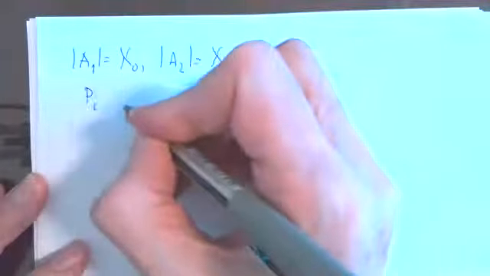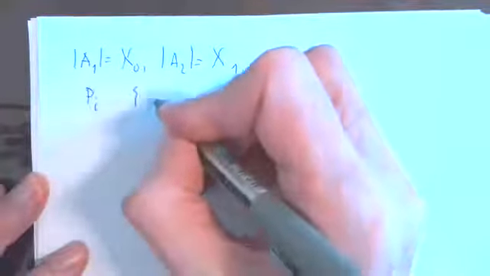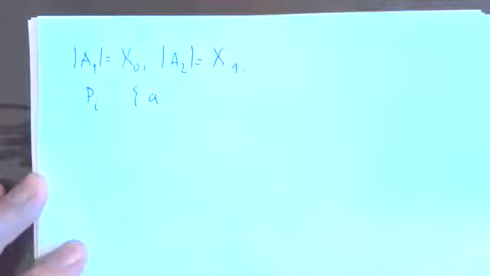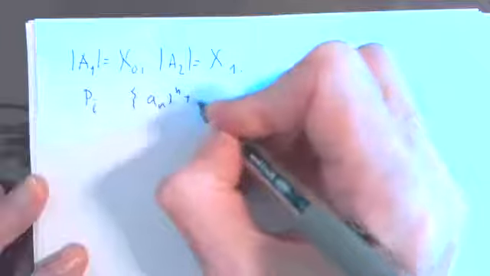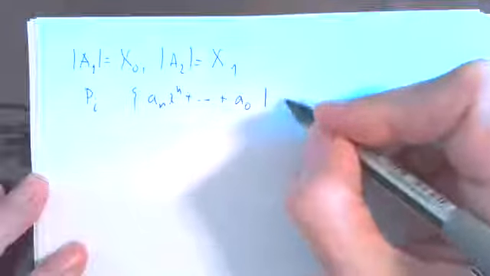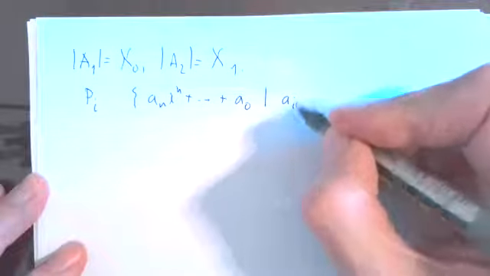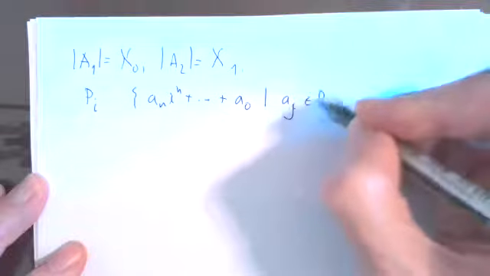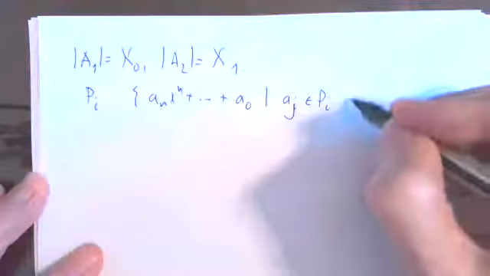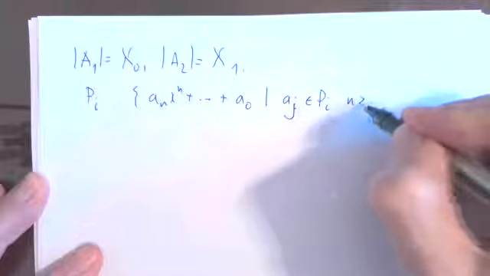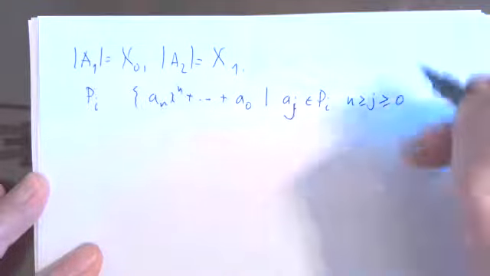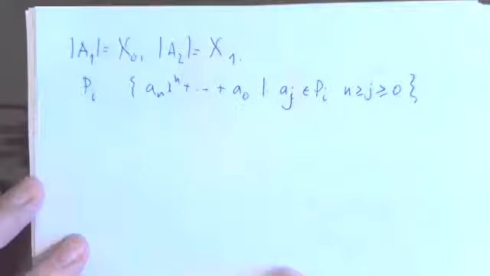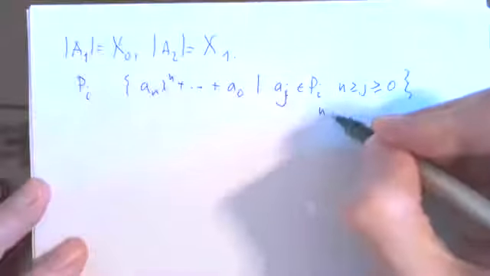And Pi is going to be the set of these polynomials, a_n x^n plus ... plus a_0, where each of the a_j come from A_i, for n greater than or equal to j, greater than or equal to 0, and for any n in omega.